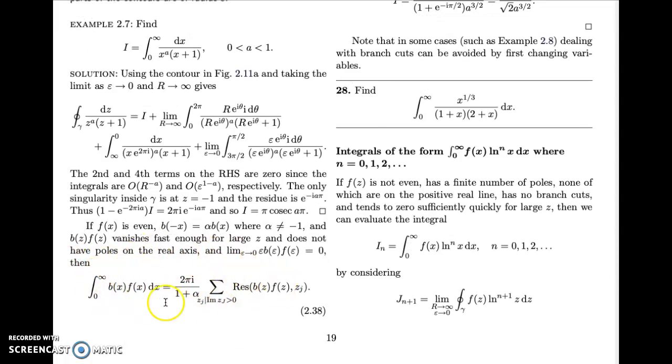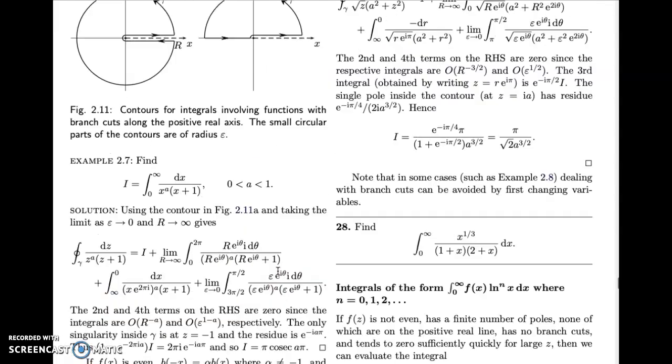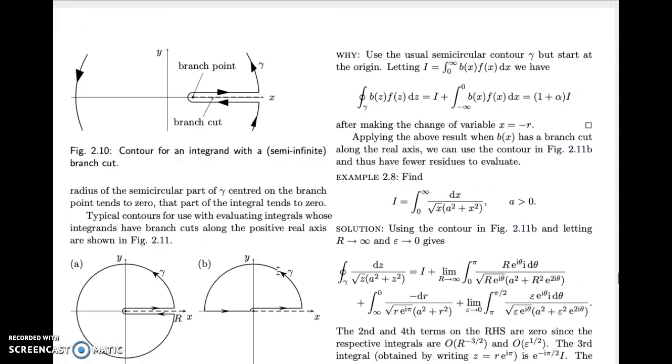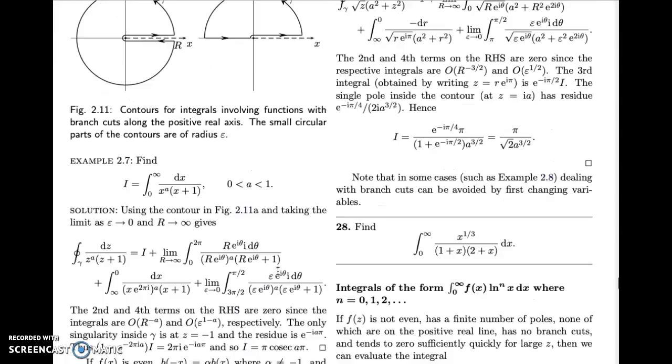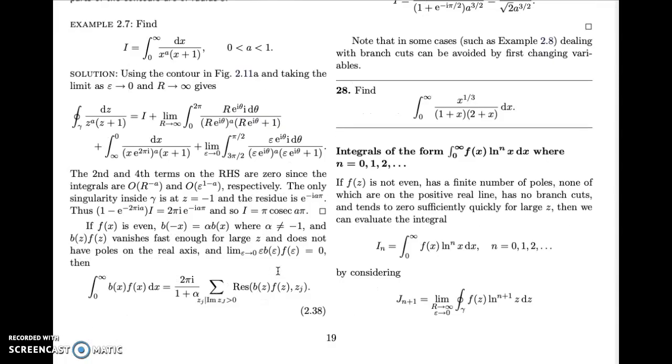Well, whatever you do, don't memorize this formula. Okay, I think I'll save that for the next video.